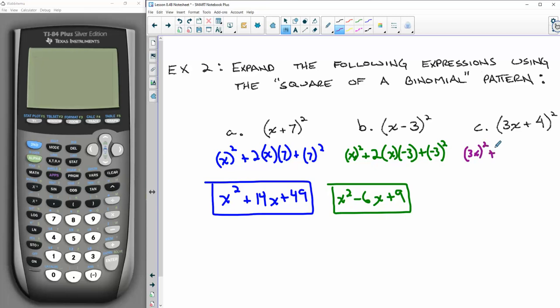In the middle, we're going to double the product of the two terms, the 3x and the 4. And then on the end, we're going to take the second term and square it. So 3x times 3x is 9x squared. And then 3x times 4 is 12x, doubled is 24x. And 4 squared is 16. There we go.